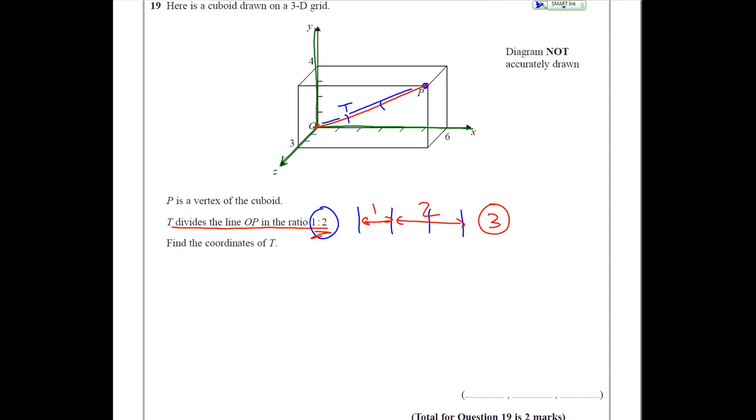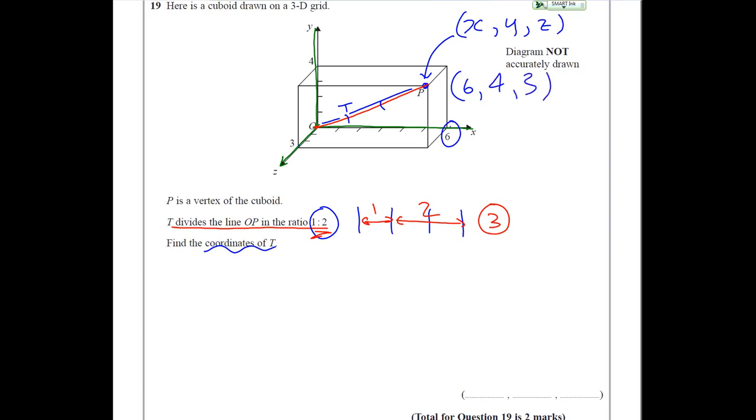Find the coordinates of T. So it goes 6 in the X direction, 4 up, 3 across. X, Y, Z, follow your alphabet. X first is 6, so you go 6 across. Then Y is next, so you go 4 up. Then 3 is next, so you come out the page, 3.